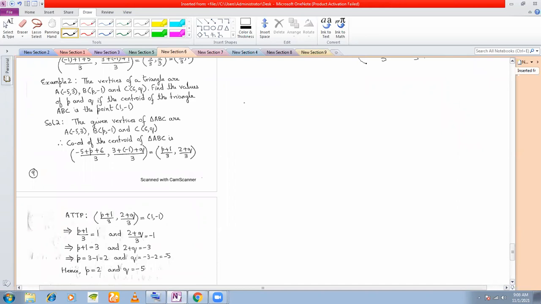The vertices of a triangle are, so the given vertices are A(-5, 3), B(p, -1), and C(6, q).